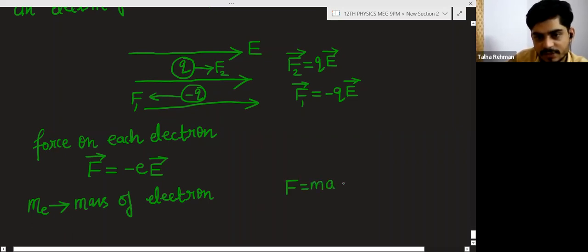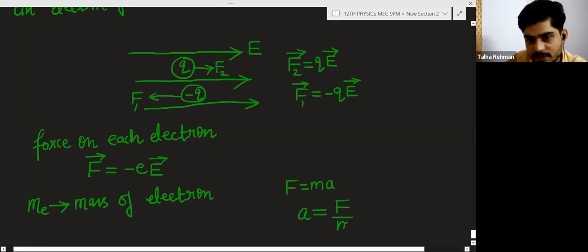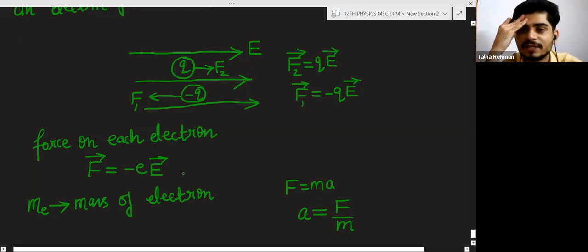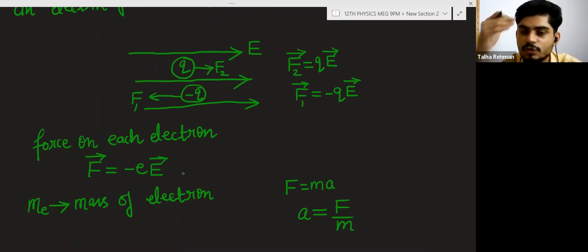This is the formula given by Newton's second law, and A here is acceleration. I can write acceleration is equal to force divided by mass. If I want to find the acceleration of electron, then I can write acceleration is equal to force on electron divided by mass of electron.